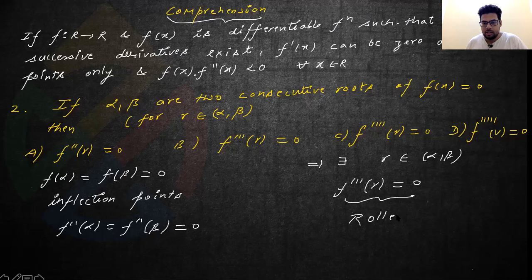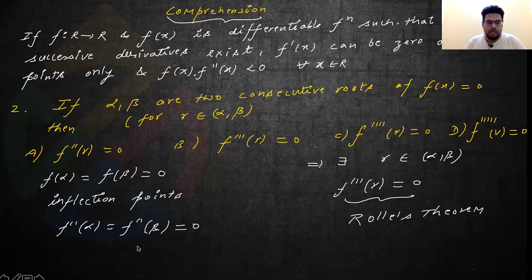This is nothing but Rolle's theorem. So that's what I was saying, try to relate it with what we have already done. So the things will be very, very simple, right? Just finding out that these are the inflection points, then f triple dash has to be 0 using Rolle's theorem.